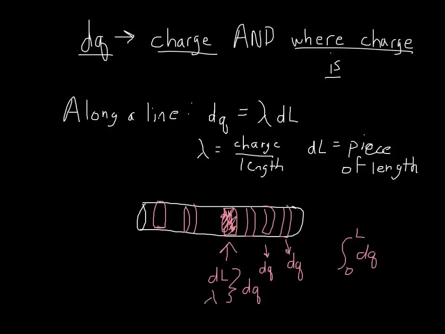So that's kind of the idea of what I'm doing. I'm breaking my wire up into little charge pieces. Each charge piece has some charge dq, and that dq depends on the charge per unit length inside of this wire, and it depends on the length of each of these little pieces. So how wide these little pieces are would be that length dl.